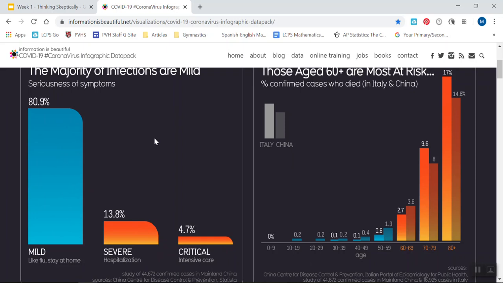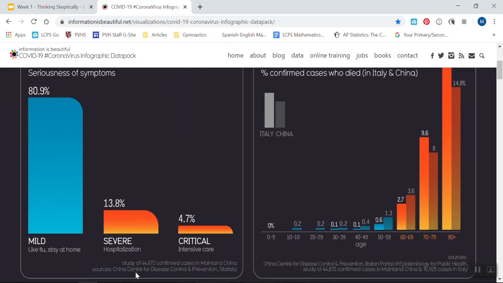In terms of the data source and how they came to these numbers, it says at the bottom that this was a study of about 45,000 confirmed cases in mainland China. So what questions might that raise? How did they determine what level of severity the symptoms fell into?